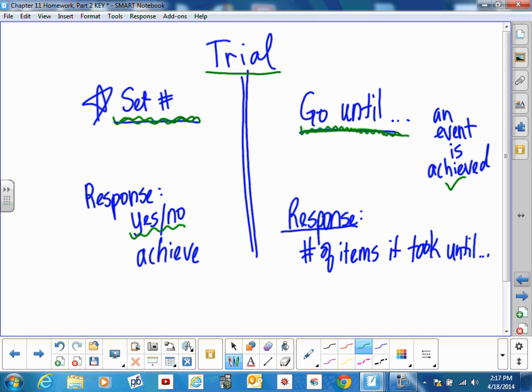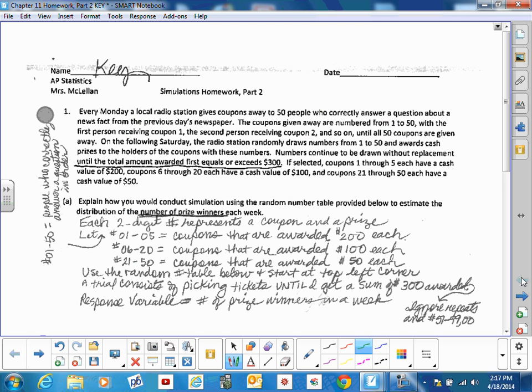You achieved getting a mine with gold. You go until you achieved giving out $300. Go until you got 3 tablets that were unsatisfactory. Okay, whatever. So if you have a situation where you go until an event, it might be like this number 1 that we had here.